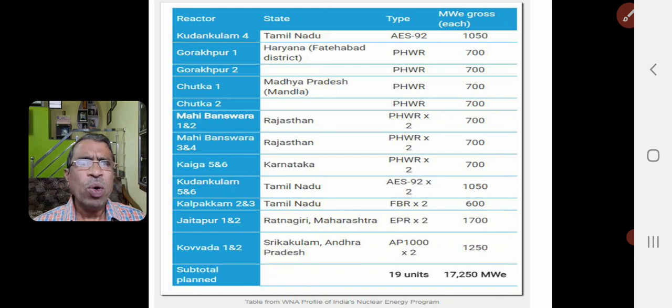This is one more table showing the various nuclear reactors and how much electricity they produce. At present we have about 19 units, which produce 17,250 megawatts.